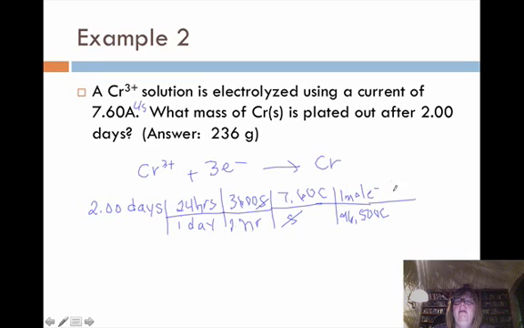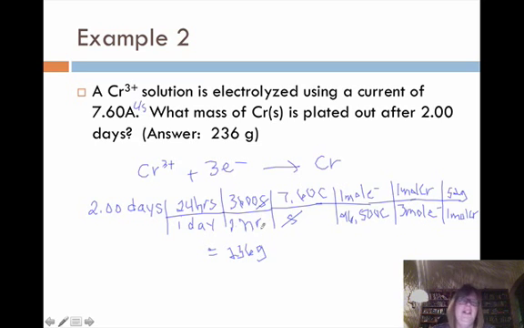And we have 3 moles of electrons being transferred for every 1 mole of chromium. And then we just have to do our last step and get to the mass of chromium, and a mole of chromium has a mass of 52 grams. When we do all of that, we should get an answer of 236 grams to 3 significant digits.